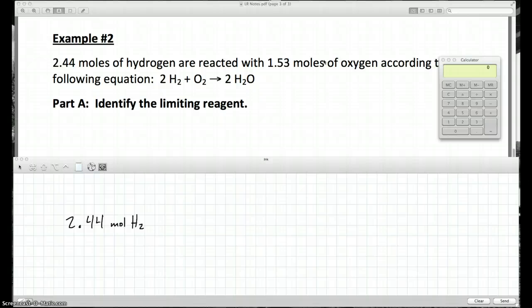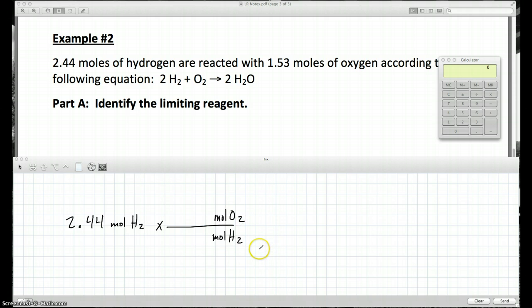Back in part A, we figured out that oxygen is the excess reagent. So here we're going to go from limiting reagent to excess reagent, which is moles of O2.